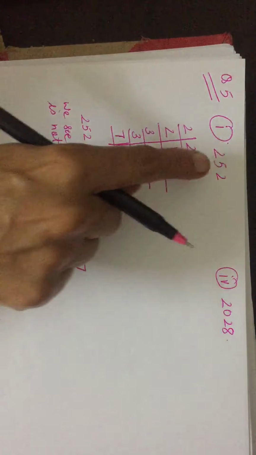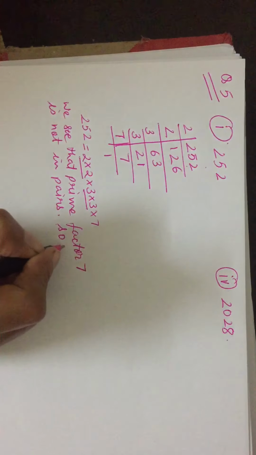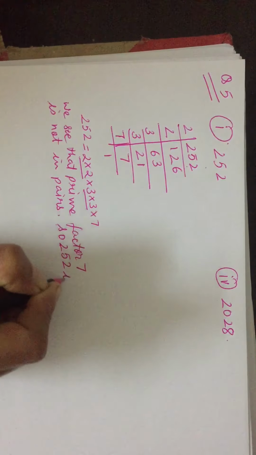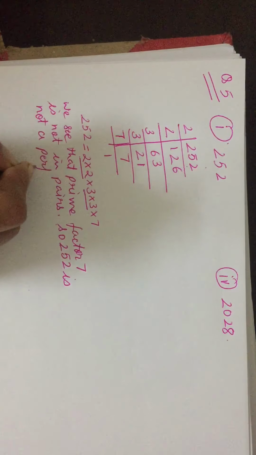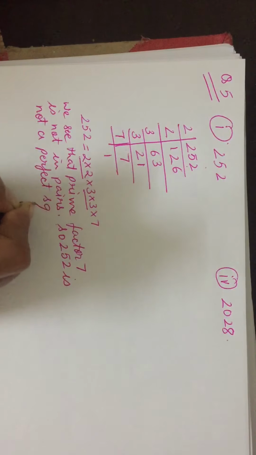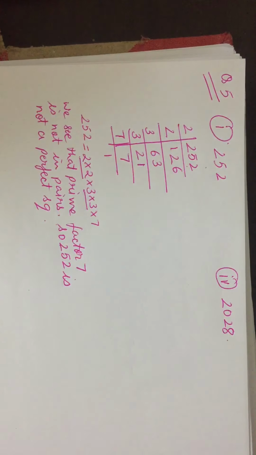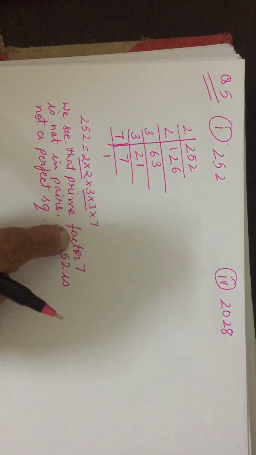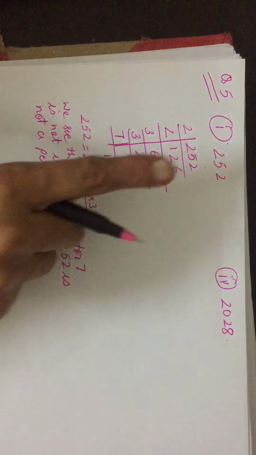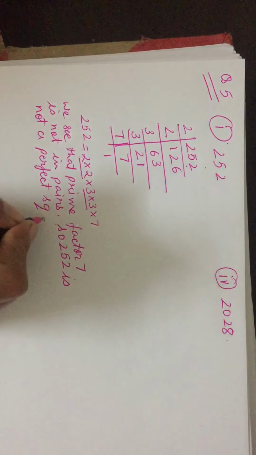So 252 is not a perfect square. In order to get a perfect square, it should be multiplied by 7. It should make a pair. It's the only incomplete pair. So we will multiply 252 by 7.